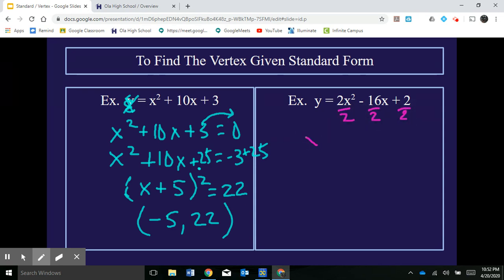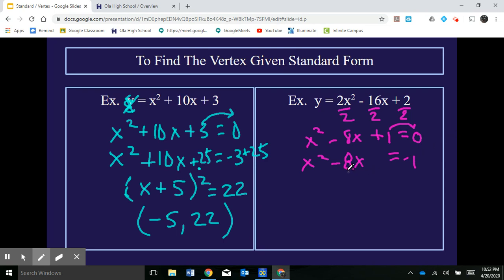So it'll be x squared minus 8x plus 1 equals 0. So all I'm doing is completing the square, same as yesterday. Take that 1 over there. So it'll be x squared minus 8x, leave the space, equals -1.